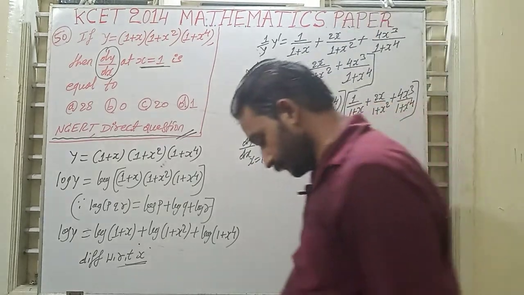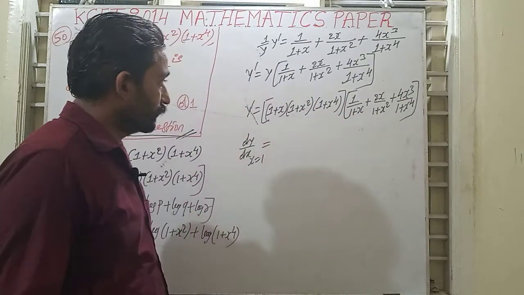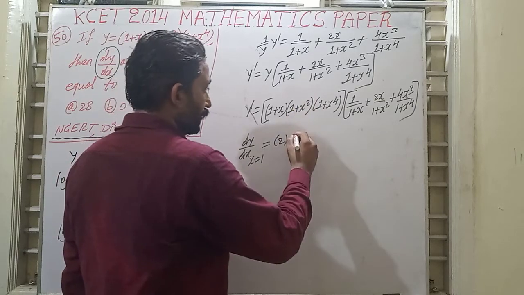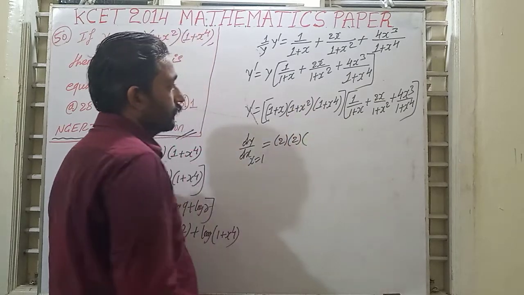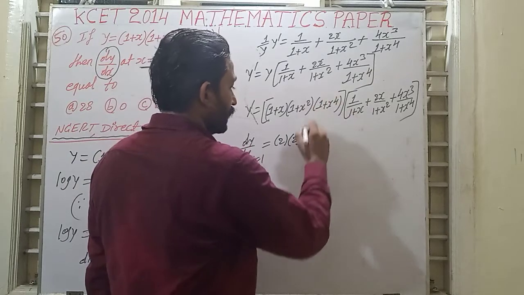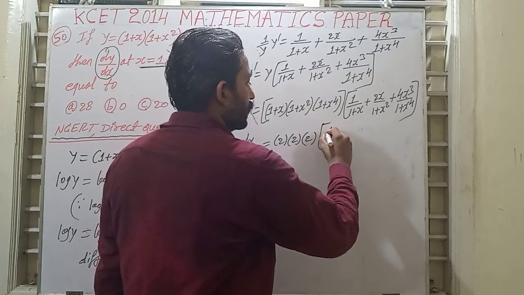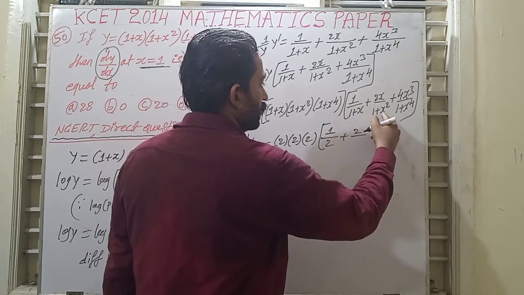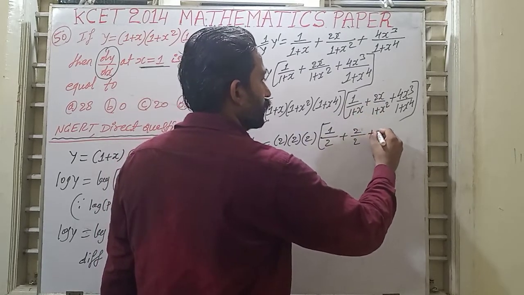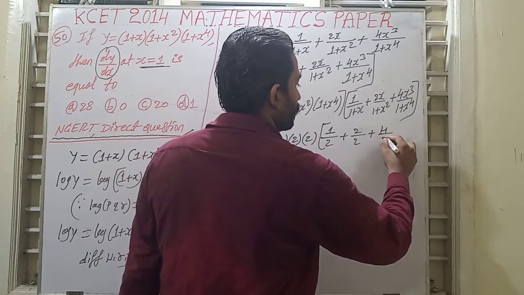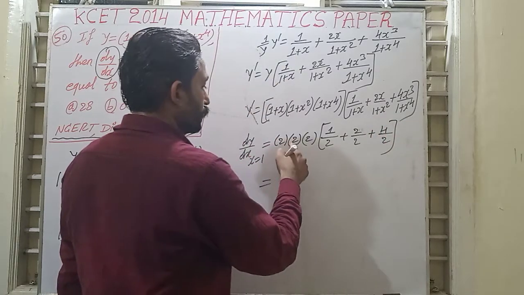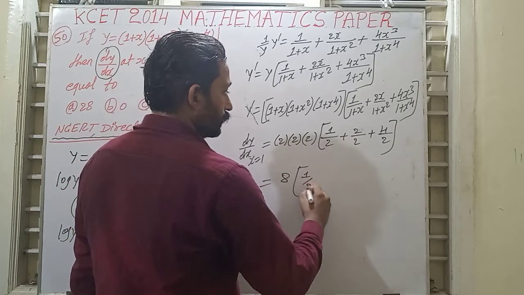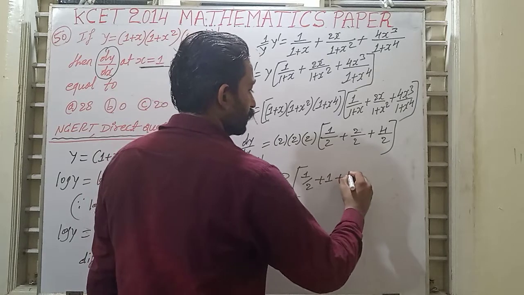Here 1 plus 1 is 2, into 1 plus 1 square, again 2, here 1 plus 1 to the power of 4, again 2, into 1 divided by 2, plus 2 divided by 2, plus 4 divided by 2. So here 2 2s are 4, 2 4s are 8, into 1 by 2 plus 1 plus 4 by 2, nothing but 2.